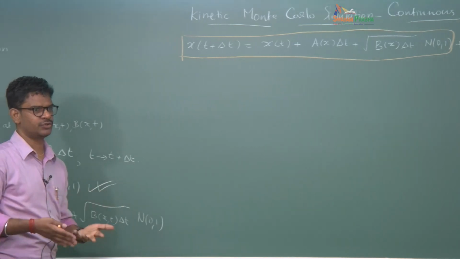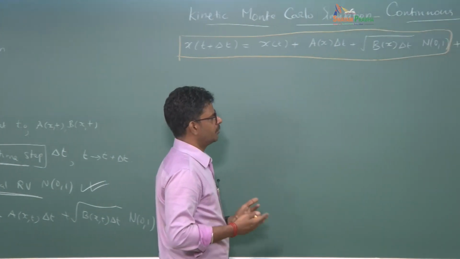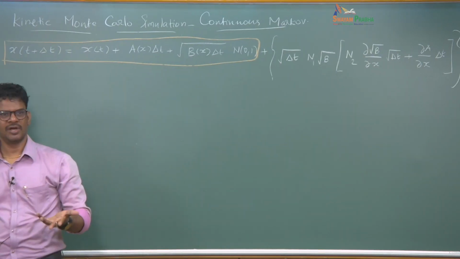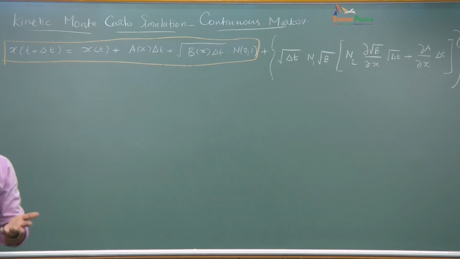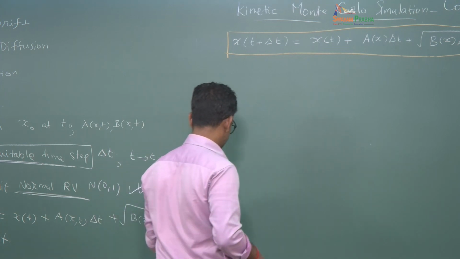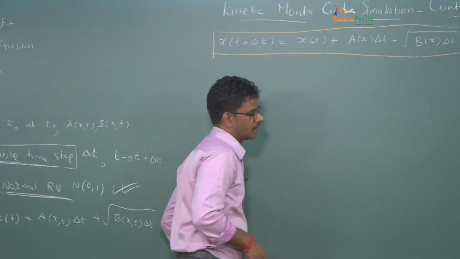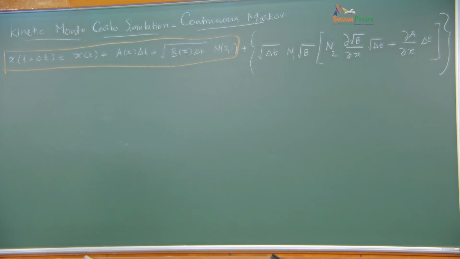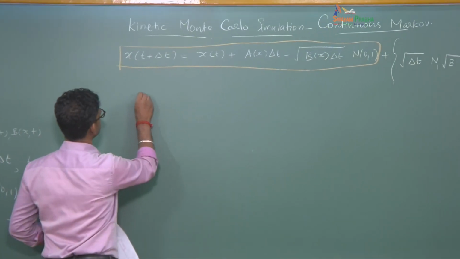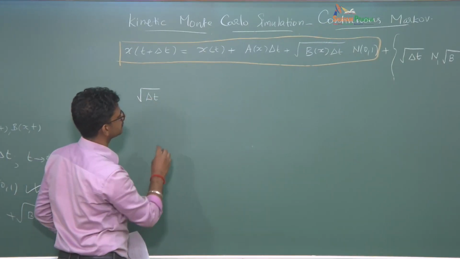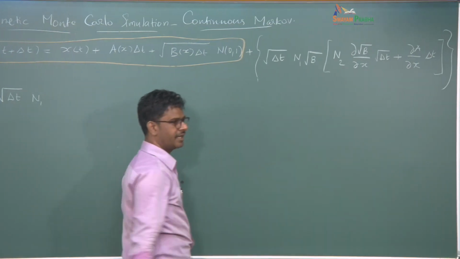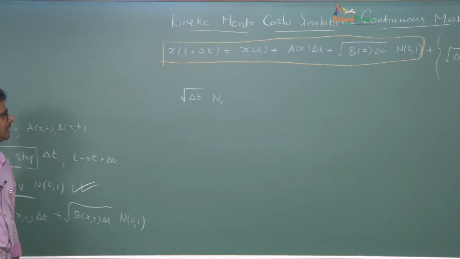So we want to look at the ratio of this term over this term, and that should be a very small number, some small epsilon, 0.1, 0.01, etc. That is going to be our condition. Therefore, we take the ratio of these two terms. This n1 here and n2 are again unit normal random variables.